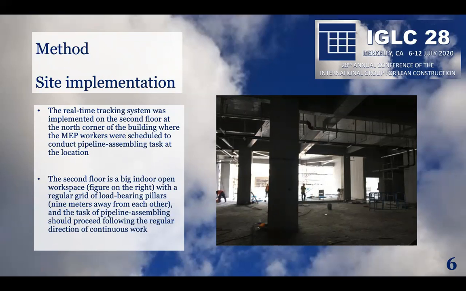The second floor is a big indoor open workspace with a regular grid of load-bearing pillars, and the tasks should proceed following the regular direction of continuous work. Therefore, the layout of the test place and the task nature of the work are suitable for indoor positioning with this feature of coordinate detection and the generation of heat maps.